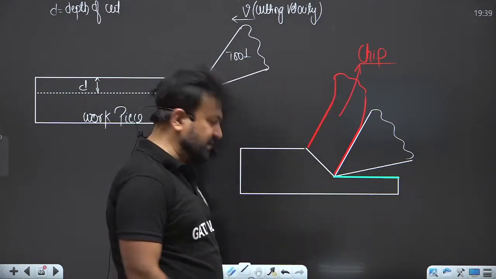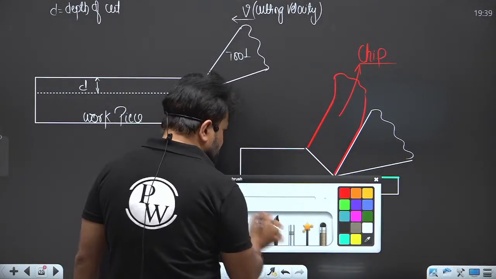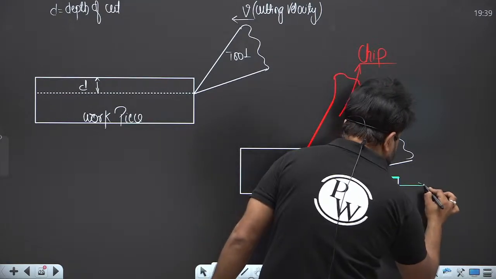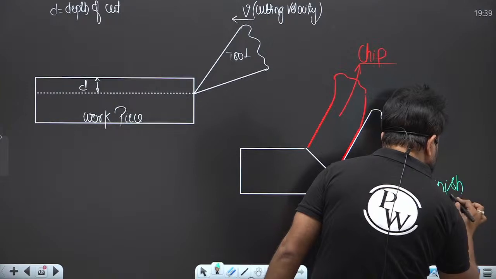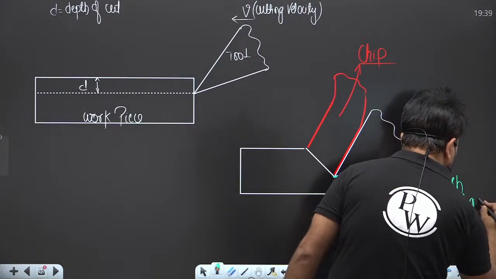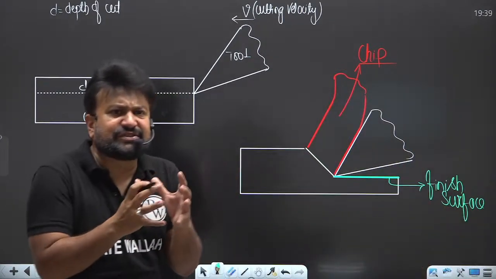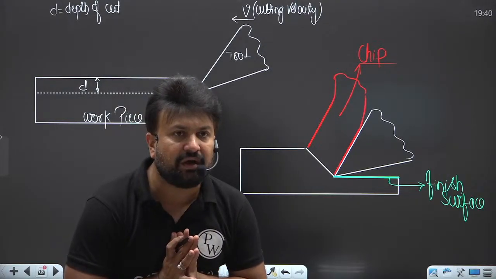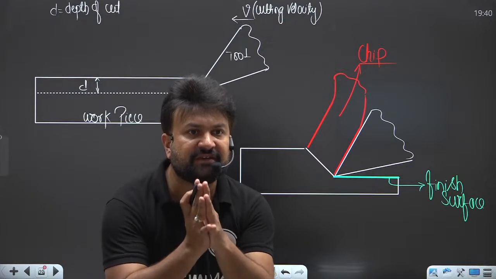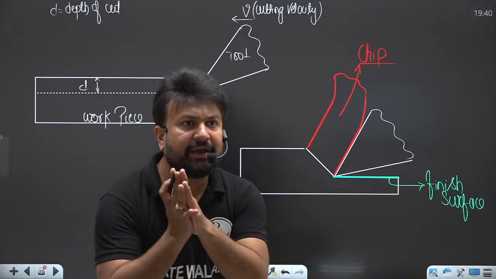This surface is known as the finished surface, which is produced in this operation. Are you getting my point?